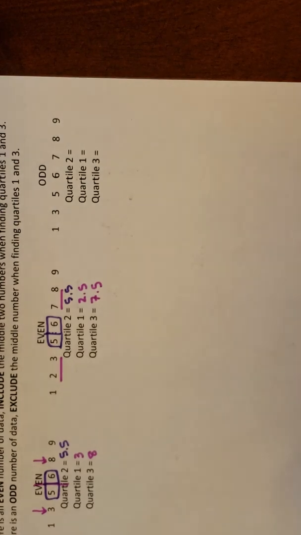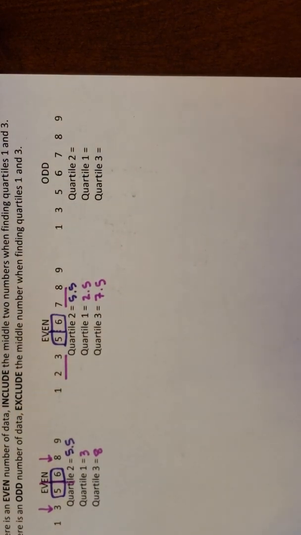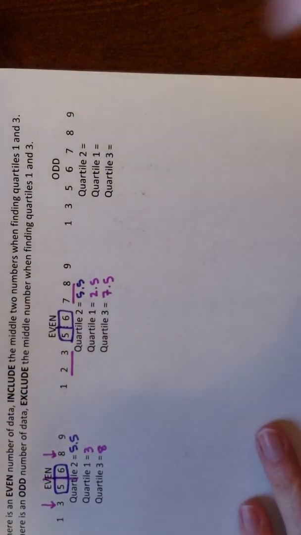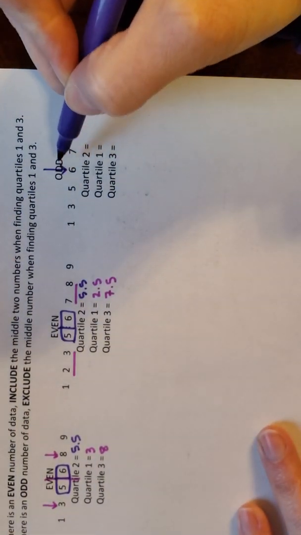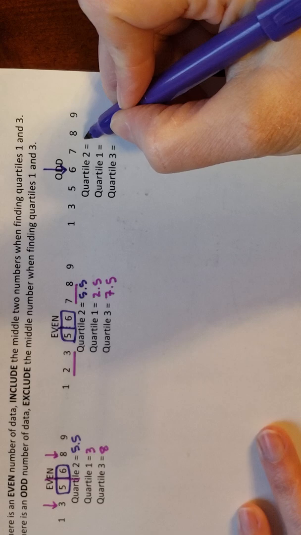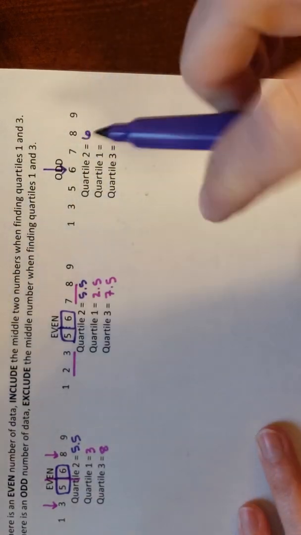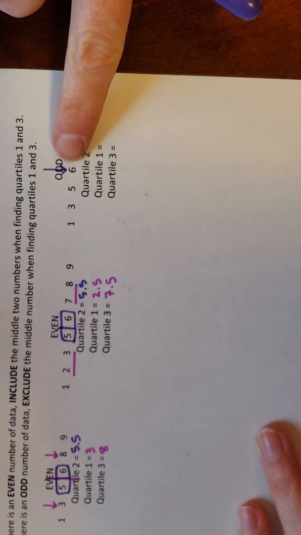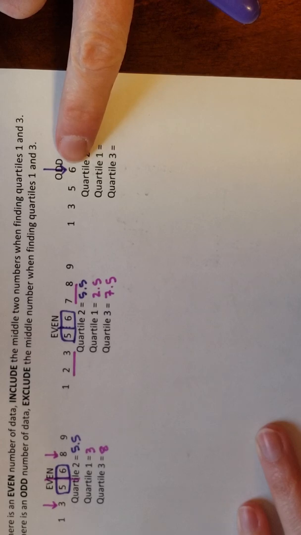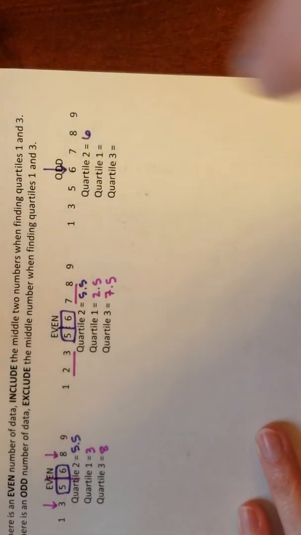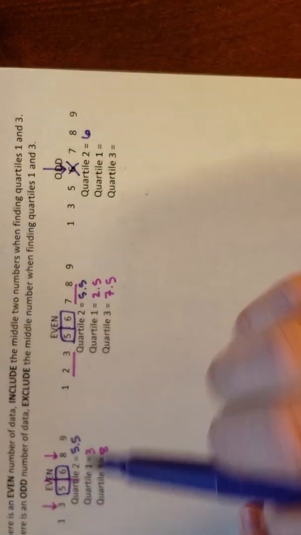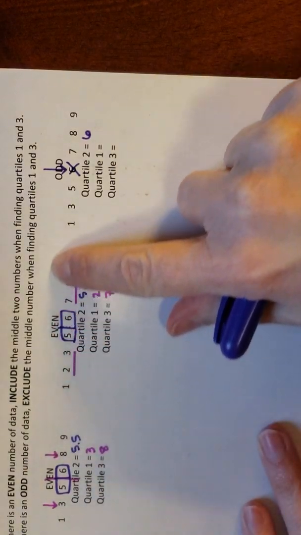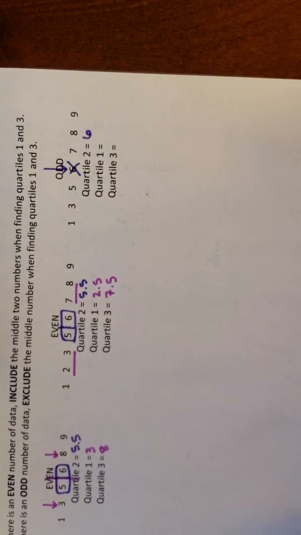Okay. The other last situation that you may find is when you have an odd number of data. The middle number is easy to find. You don't have to find an average, which is nice. But when you are looking for the first quartile, it's confusing whether or not you include that middle number or not. So when you are doing that, you exclude the middle number to find quartiles 1 and 3.